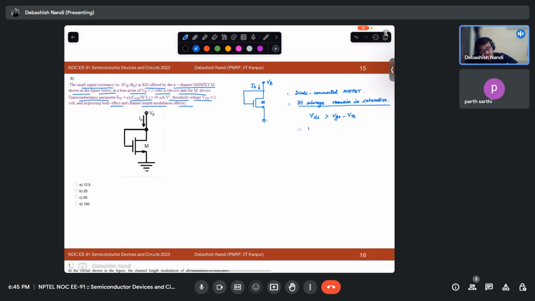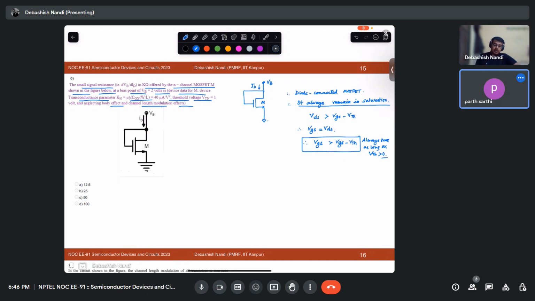So if your VGS is equal to VDS, you can write VGS greater than VGS minus VTH. This condition is always true, as long as your VTH is greater than 0. So this condition will always be satisfied. That is why it always remains in saturation.